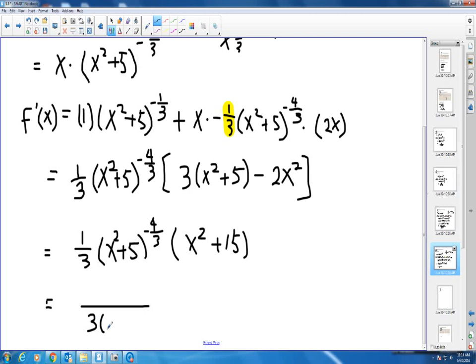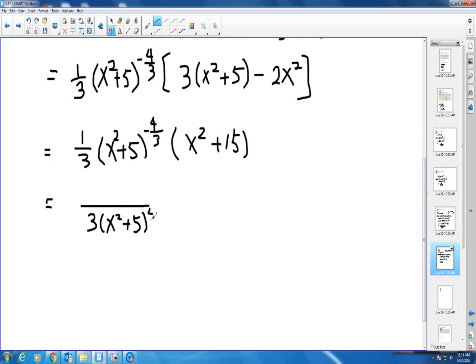So that will be 3 times x squared plus 5 to the positive 4/3 power. I'm not going to write it back into a radical here. The only thing left on top is my x squared plus 15. Alright, that will be the answer.